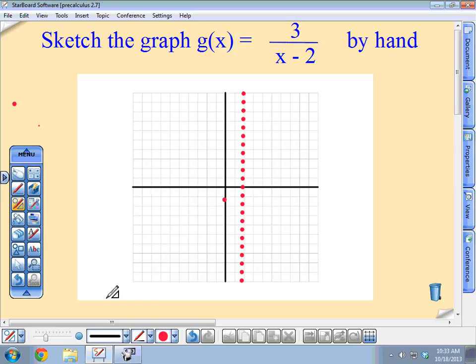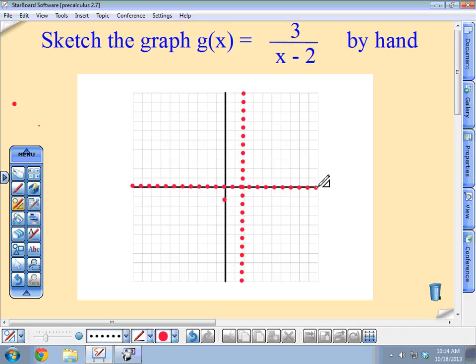Because the degree of the numerator is less than the degree of the denominator. So we know that the x-axis is also a horizontal asymptote.